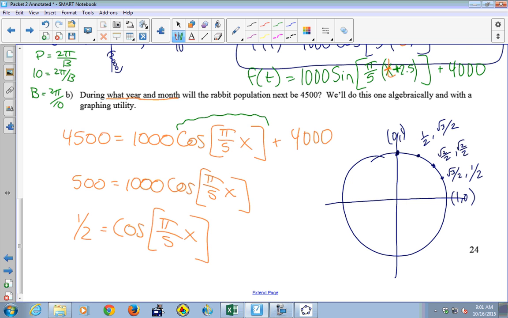So which coordinate represents cosine? X. The x coordinate is cosine. So I have right here, that angle has a cosine of 1/2 because the x coordinate is 1/2. All right, where else on the unit circle will the x coordinate be positive 1/2?